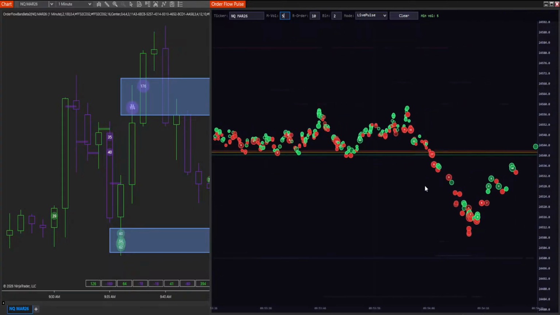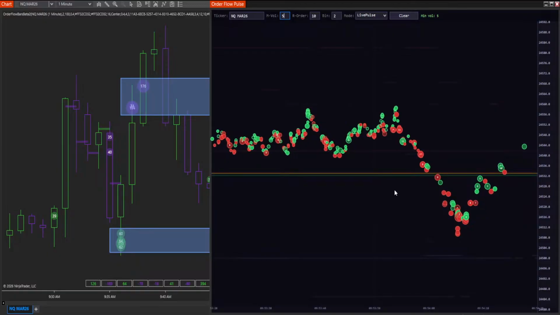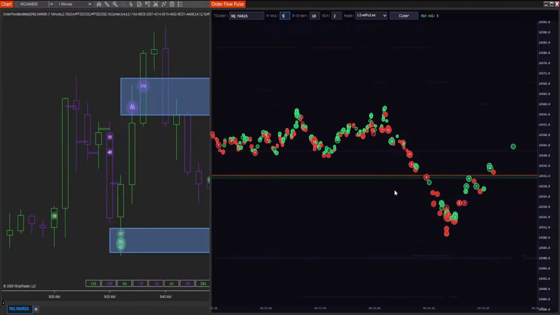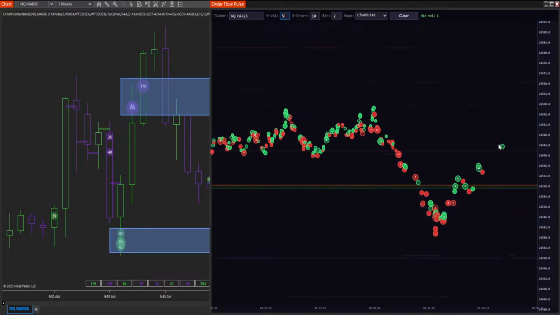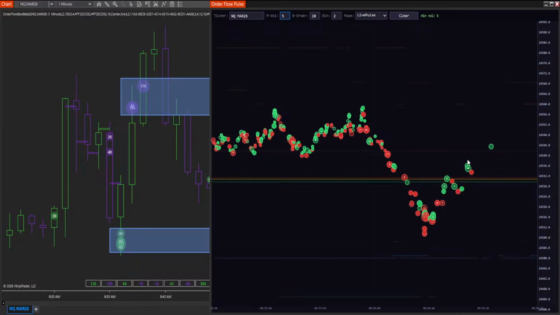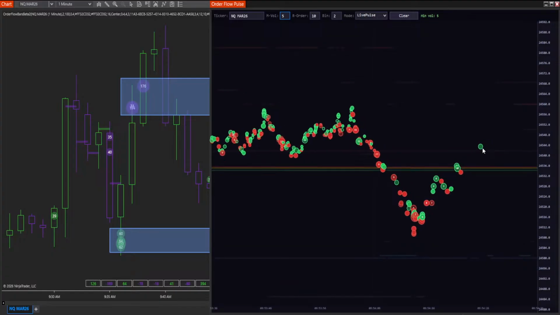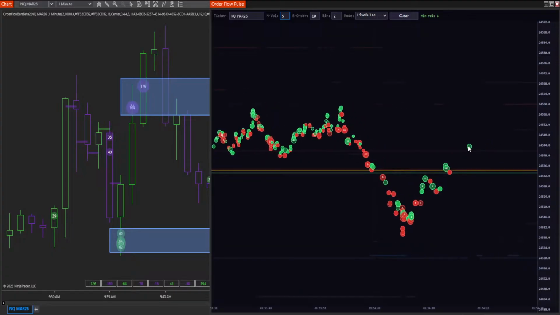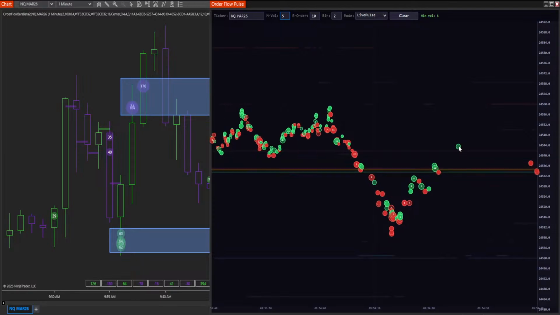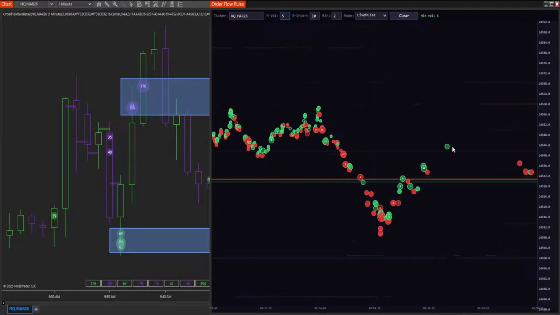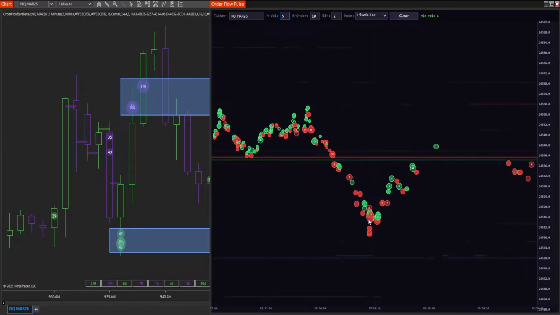Right now, these bubbles depend on how many trades are being taken. Like this small bubble way up there, that was not so much of a trade. And you'll have a big bubble like the red.